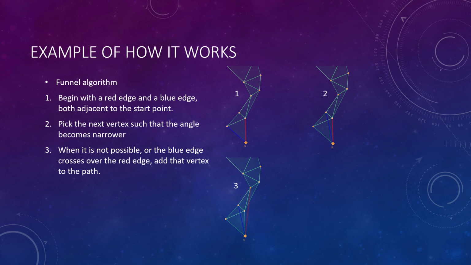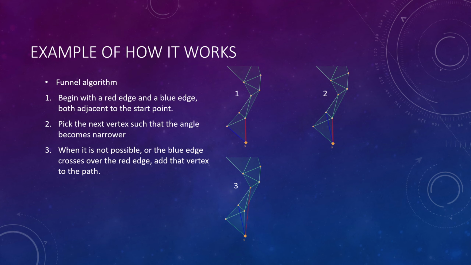At some point, we're not going to be able to do that. So we either have to increase the angle or we would have to cross the colored edges. Like in drawing number 3, if we move the red edge, we're going to increase the angle. And if we move the blue edge instead, which is not drawn, we would cross the edges. And neither of these operations is good.